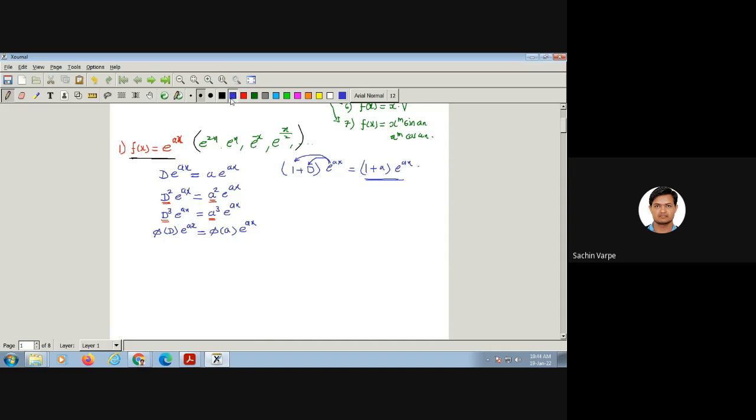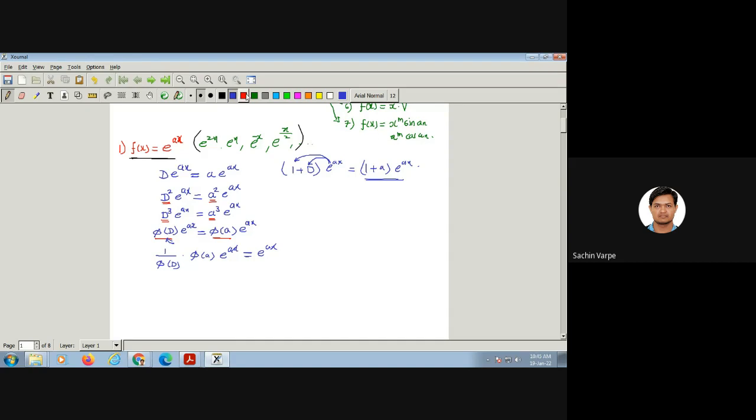So if I interchange these two, then I'll get the relation that is 1 upon phi of d, if I take this to the right hand side, 1 upon phi of d into phi of a e to the power ax will be e to the power ax. Okay?